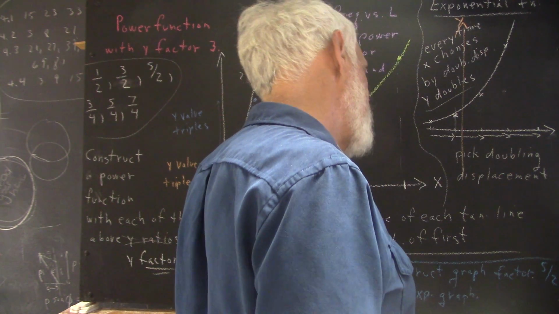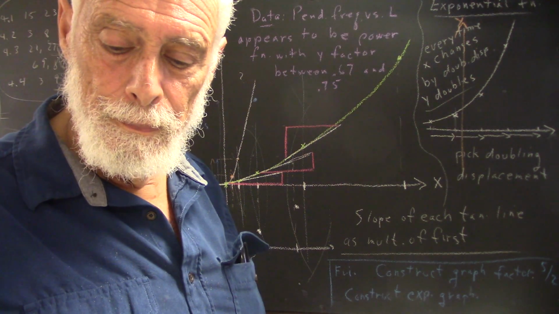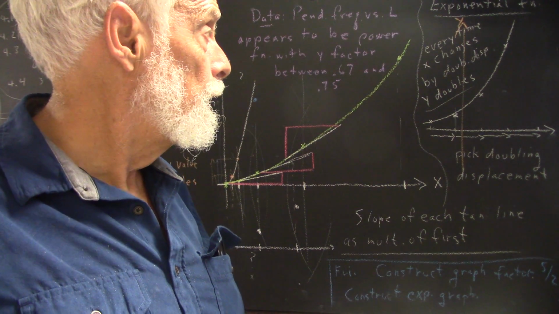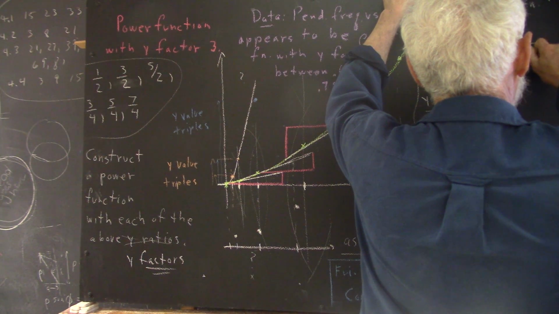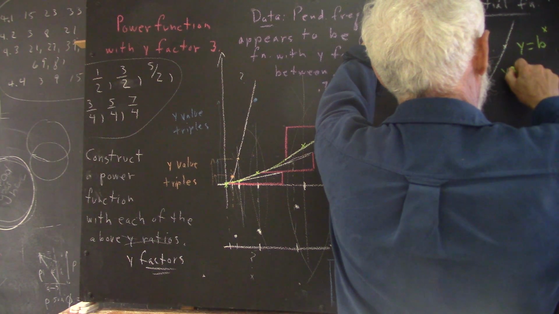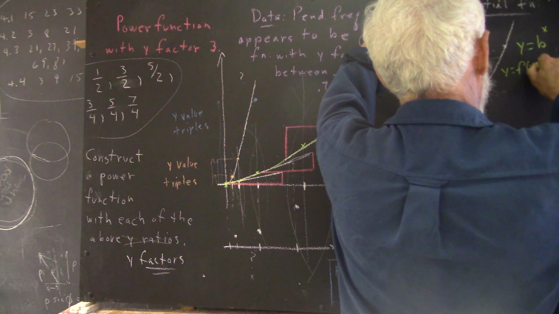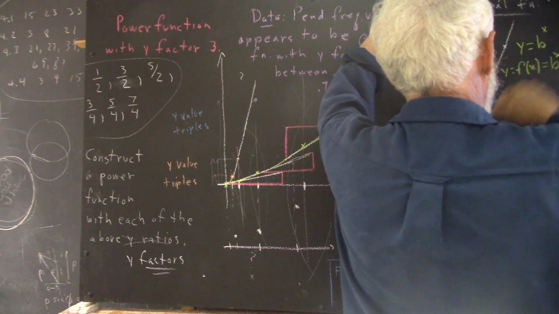And there's one little catch, and that is that the basic exponential function is of the form y equals b to the x, or using function notation because we want to get used to that, y equals f of x equals b to the x.